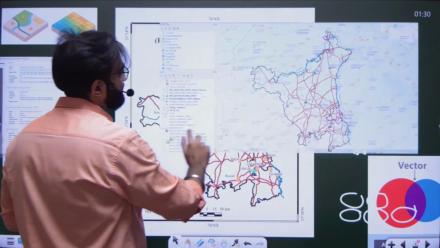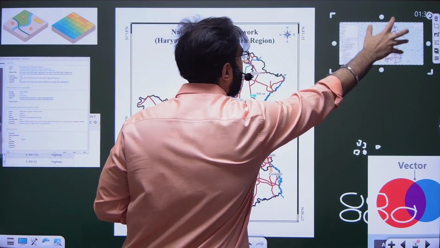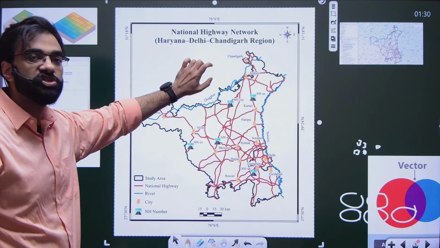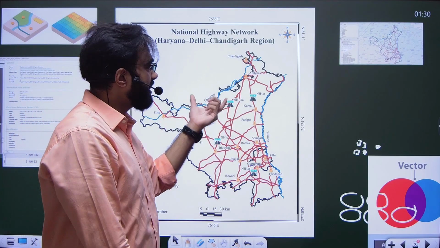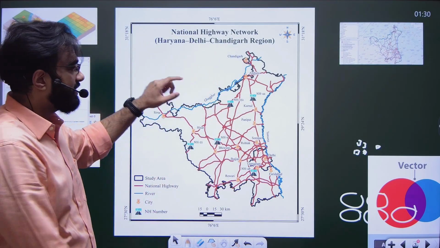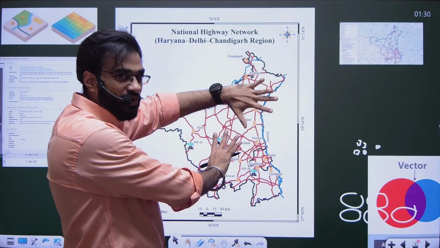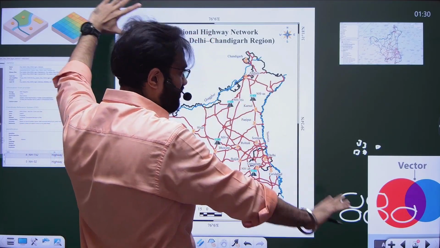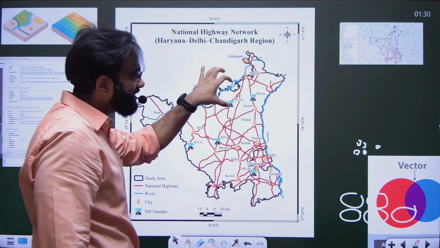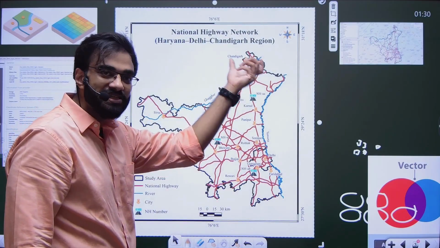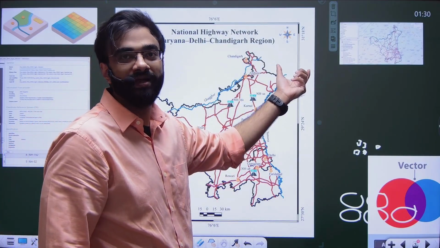But as I have exported this whole combination in the form of PNG, this is a raster format. Although it is a very high resolution, 300 dpi, if I stretch it all across the room, a time will come when small pixels or grids will start showing up.